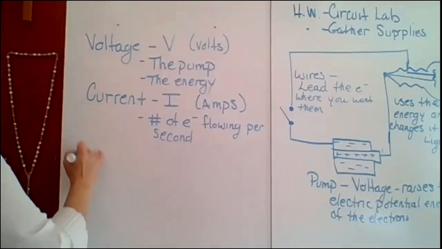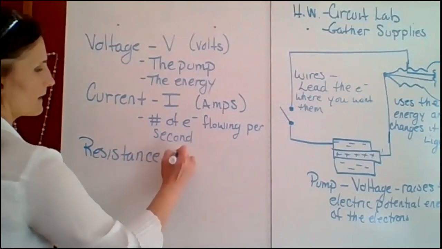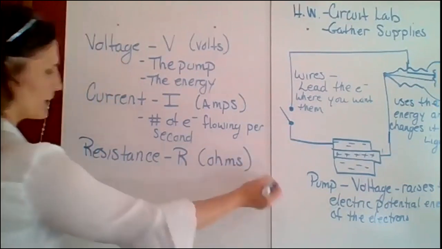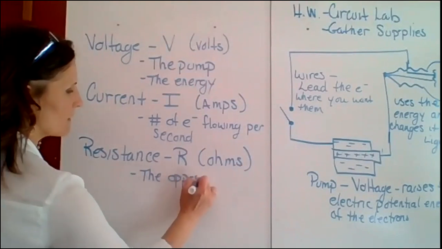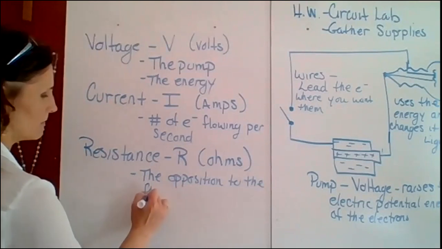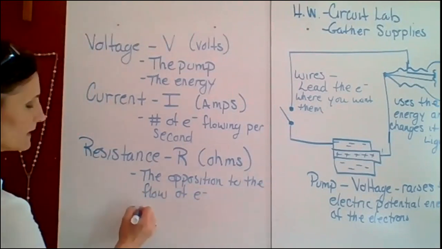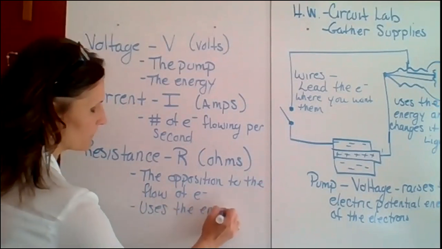Voltage, current, and resistance. Resistance is capital R, measured in units of ohms. Okay, this is the opposition to the flow of electrons. This uses the energy.